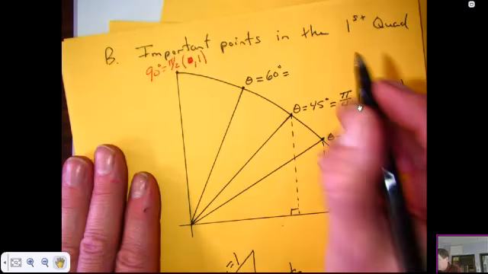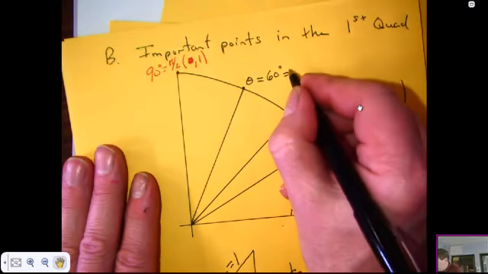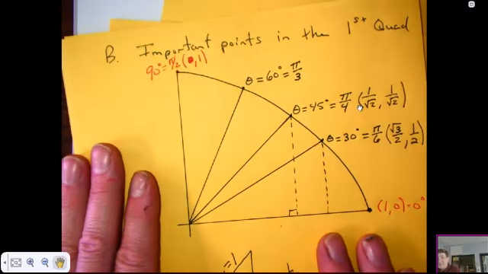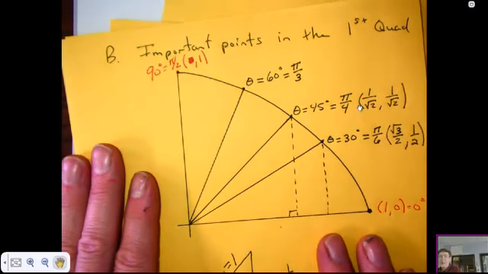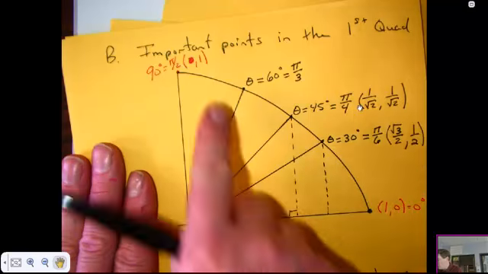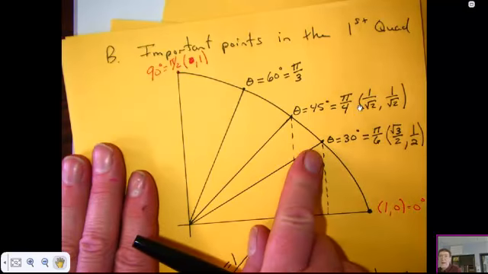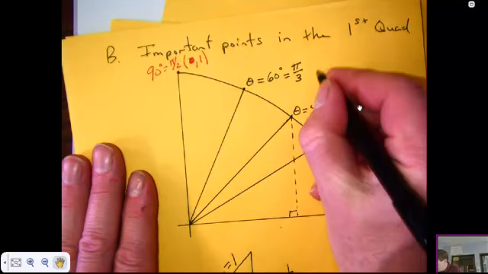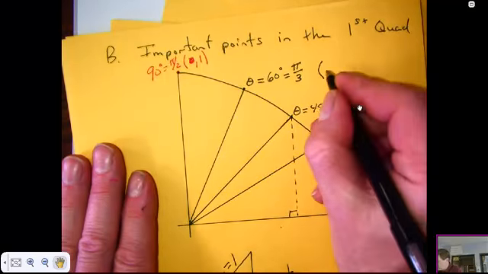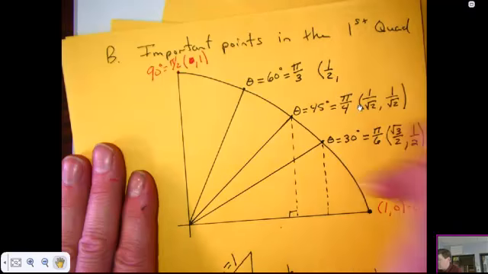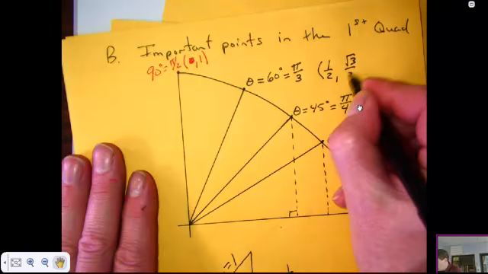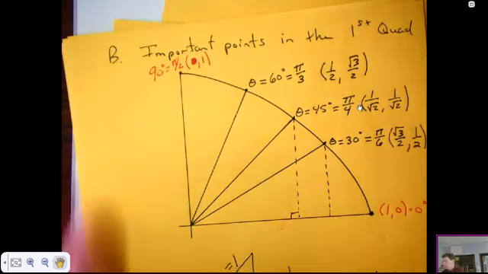How many radians? Pi over 3. Now, one way to think about this, since these are co-functions with the 30, what happens to my coordinates? They flip, exactly. So what are my coordinates here? Cosine equals a half, and the y would be root 3 over 2. Very good.